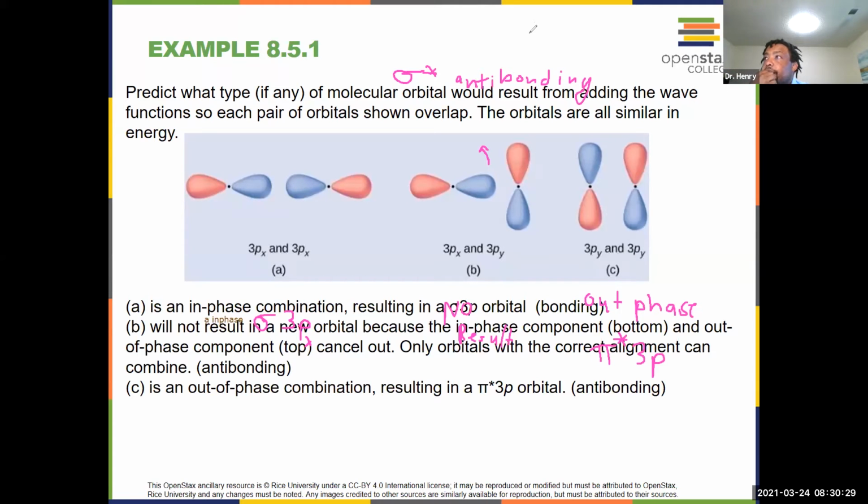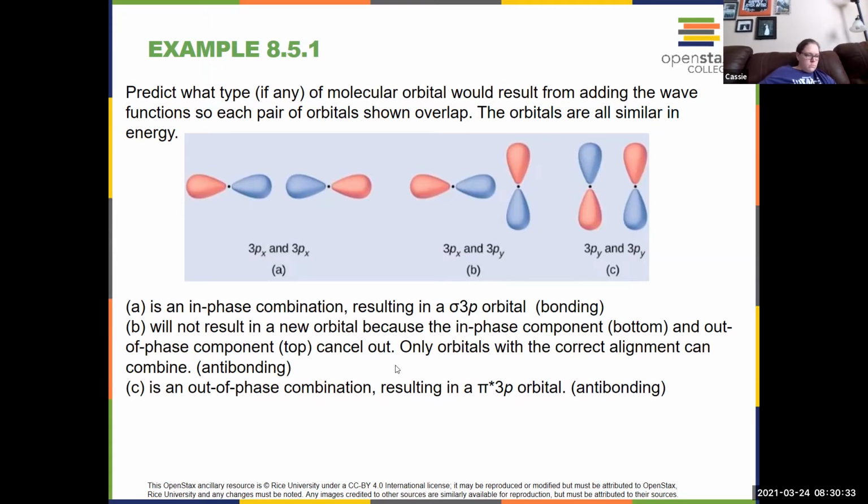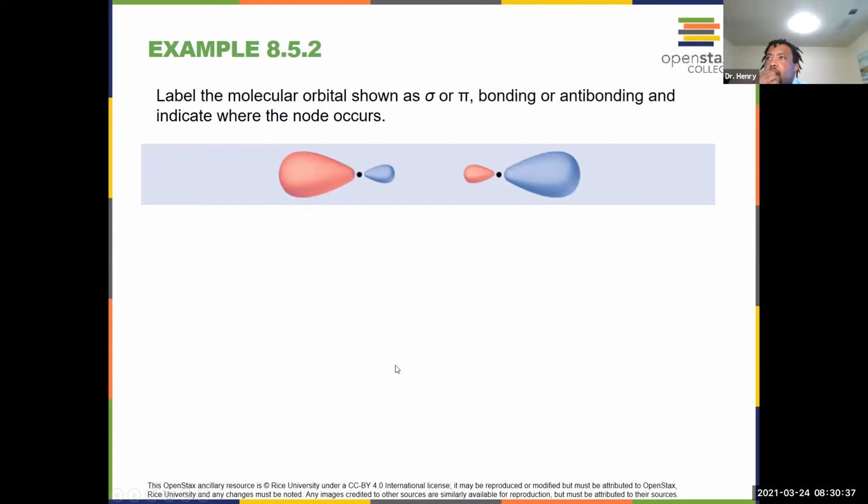Let me go clear. Okay. So here we're going to label the orbital shown as either sigma or pi, bonding or anti-bonding.